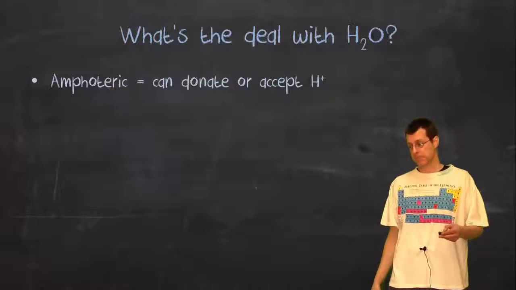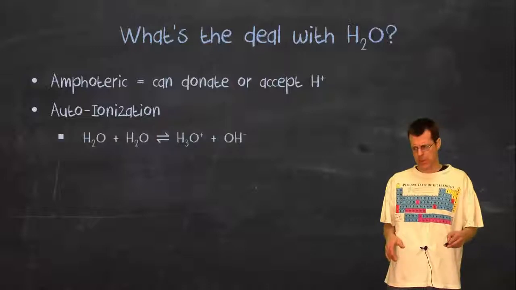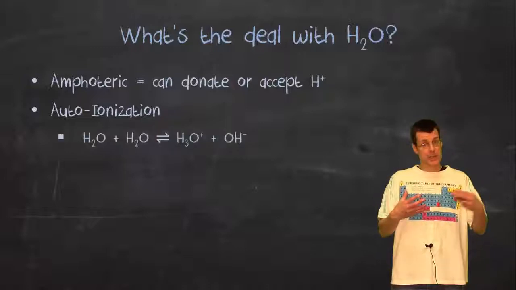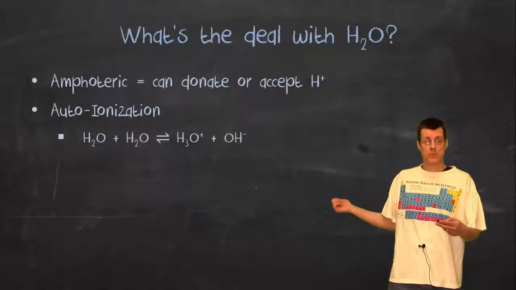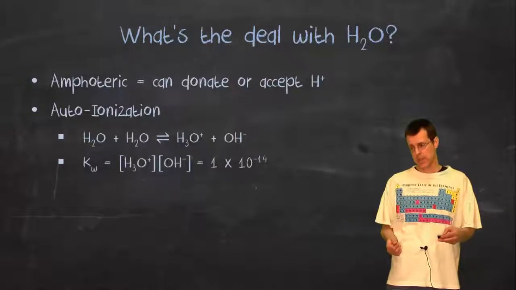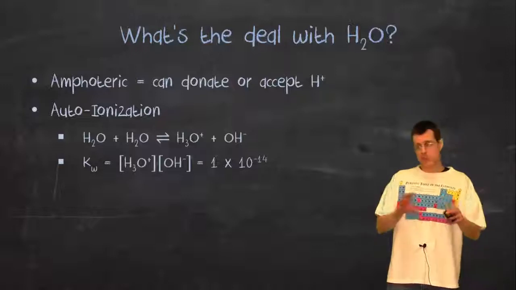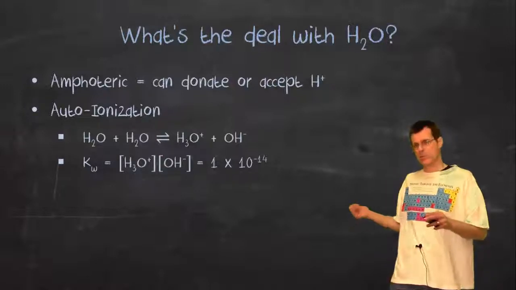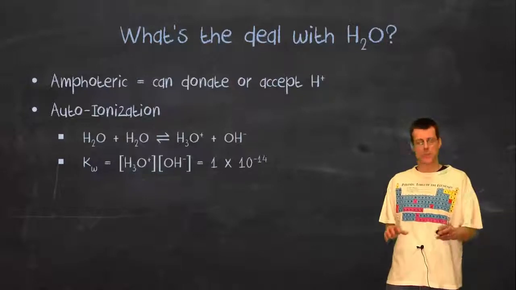Water can also do something called autoionization, and that's where a water molecule collides with another water molecule to make hydronium, H3O+, and hydroxide ions. And there's an equilibrium there, obviously, so I could look at the concentration of the reactants and products, and of course, solution versus liquid, so it looks a little bit different from what we might expect.